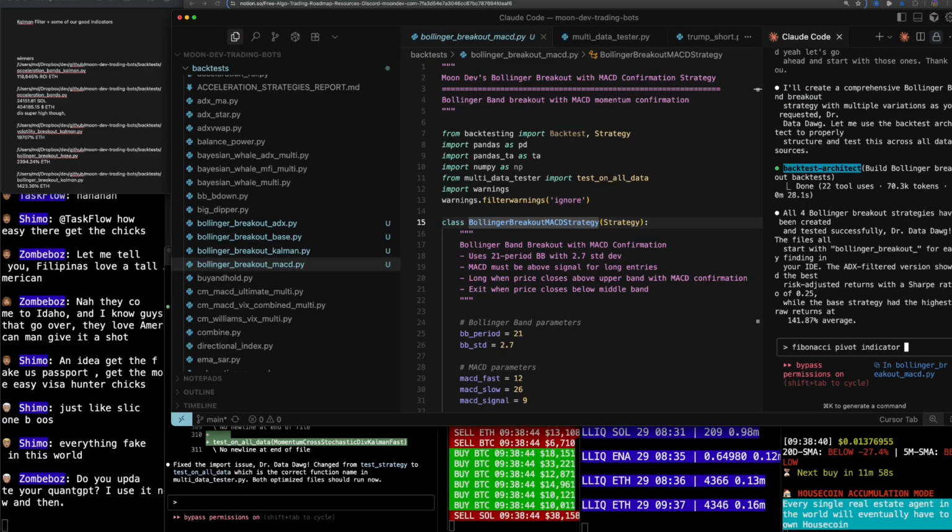All right, based off the Fibonacci pivot indicator, please make one that is long only, one that is short and long only, one with the ADX, one with the Kalman, one with the MFI. Same process, use the backtest architects to test on all data sources like you did on the other ones.